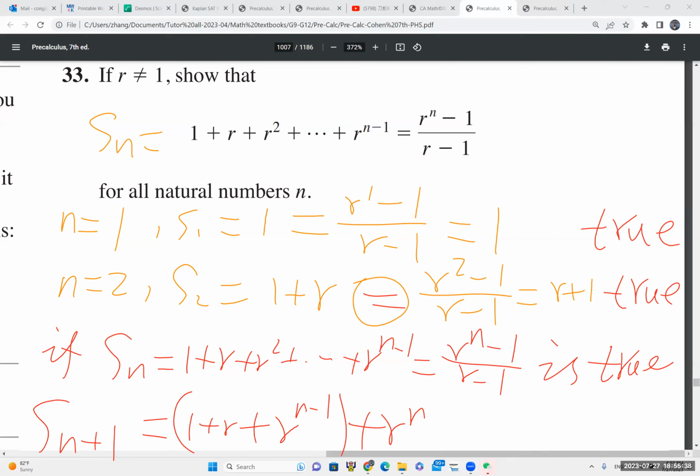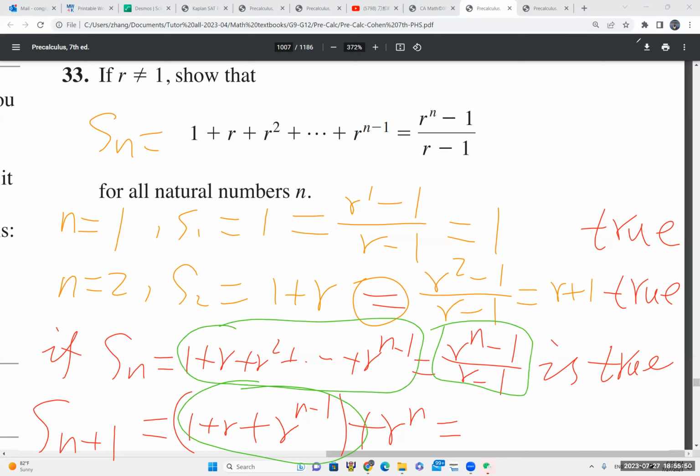And don't forget, this part is just S_n. We already say this is true, it's our hypothesis. So we can say this equals (r^n minus 1) over (r minus 1), plus r^n. So we let this go to r minus 1, then r^n multiplied by (r minus 1).